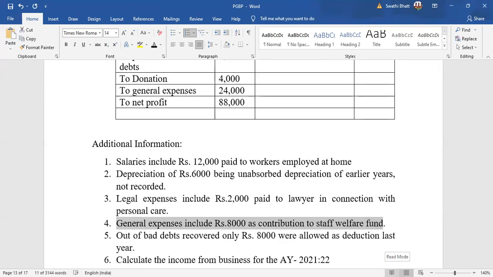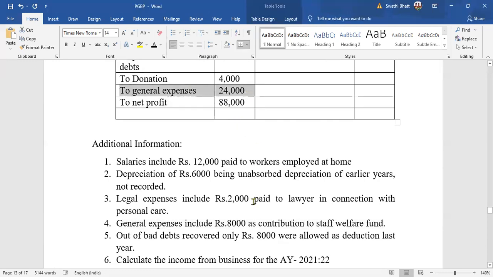So you might end up getting confused between two items: staff welfare fund and staff welfare expense. Staff welfare fund is not allowed, while staff welfare expense is allowed. So this general expense of 24,000 is actually allowed. We are assuming that this general expense is completely related to business.